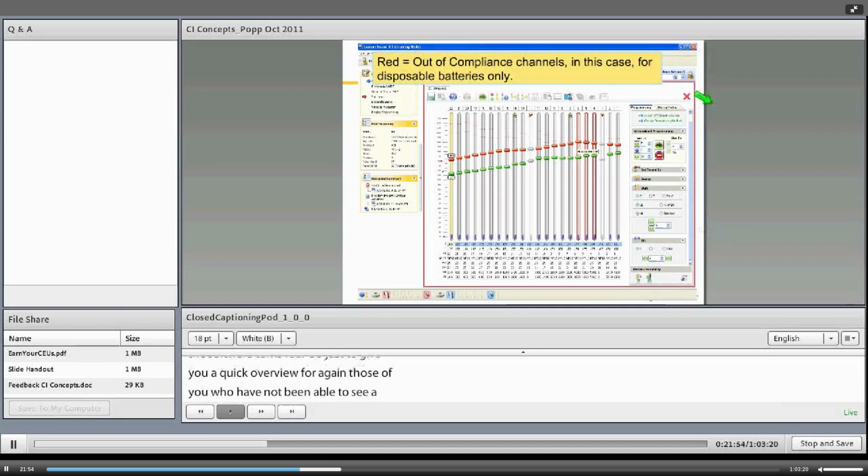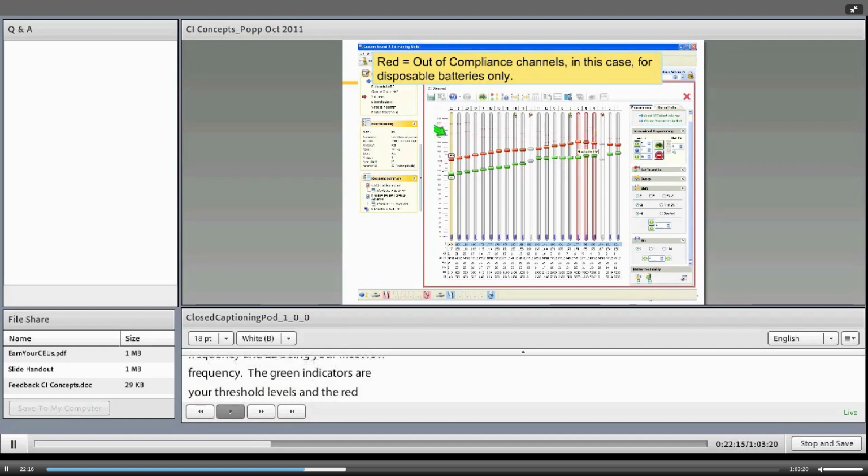Just to give you a quick overview, again for those of you who have not been able to see a programming appointment, this screen shows your electrode numbers along the top from 1 to 22, with 1 being your most high frequency and 22 being your most low frequency.